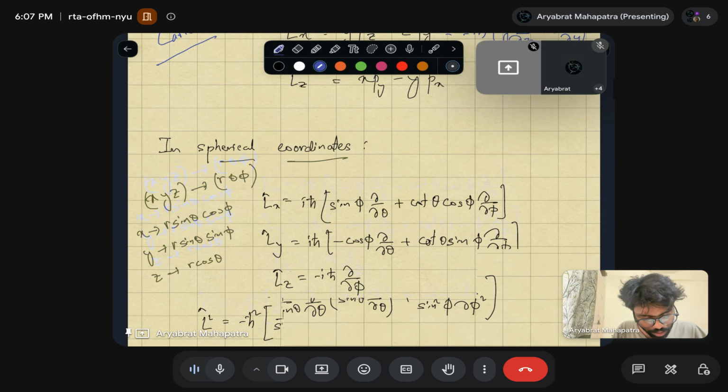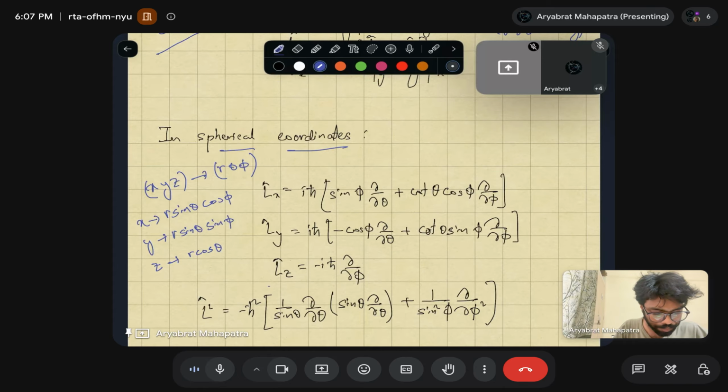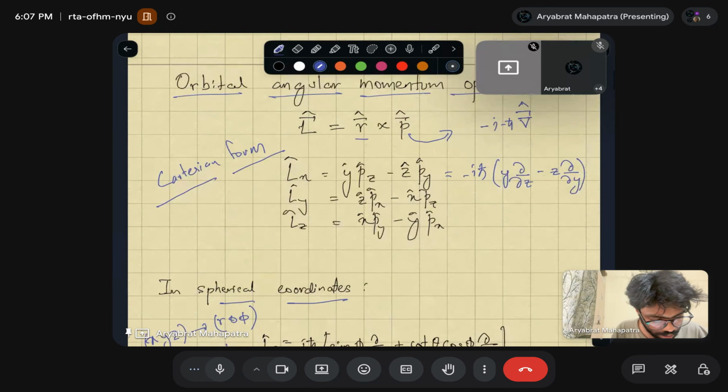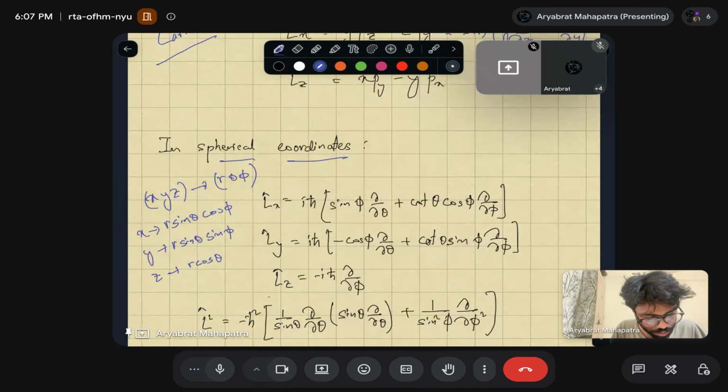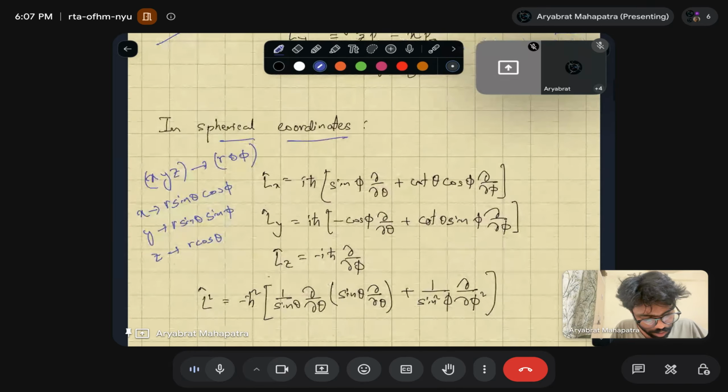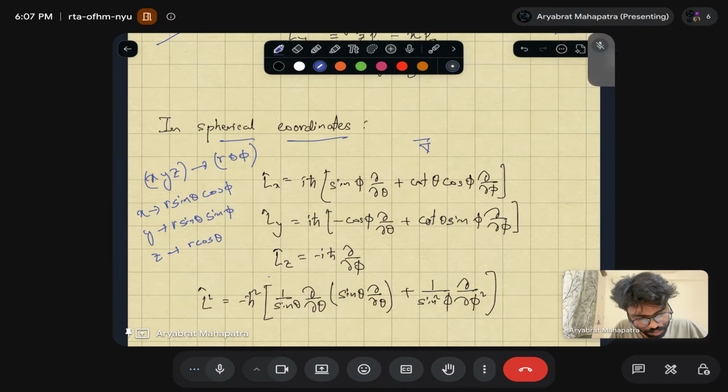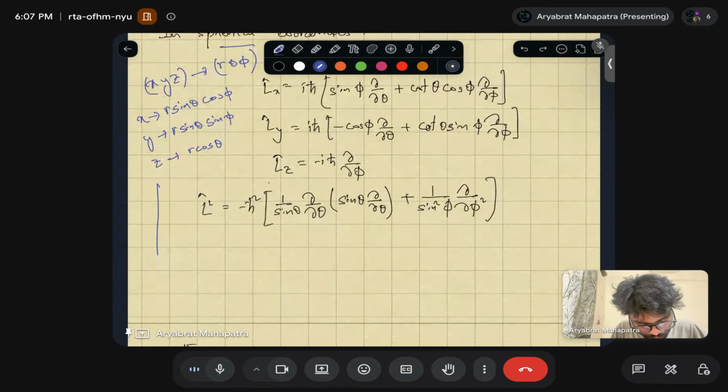Because here, if you see, the operators are defined to be the grad operator, or the differential operators. So for the grad operator, in the spherical coordinate system, you would probably know this from your mathematical course.